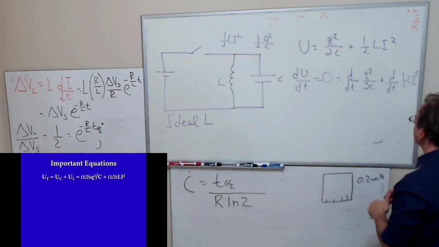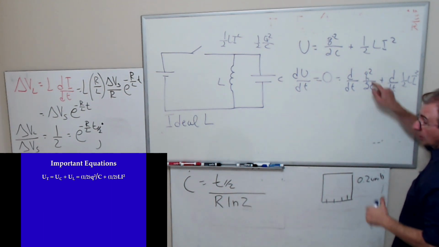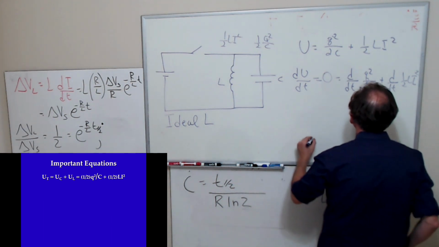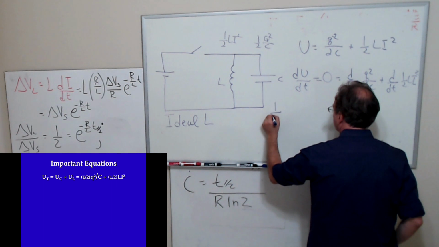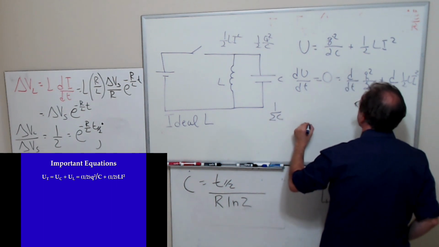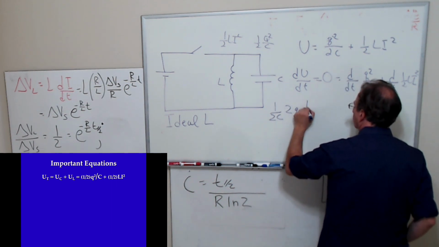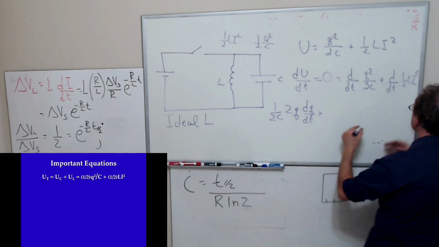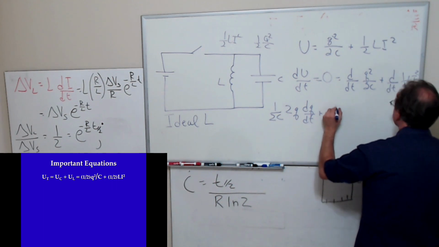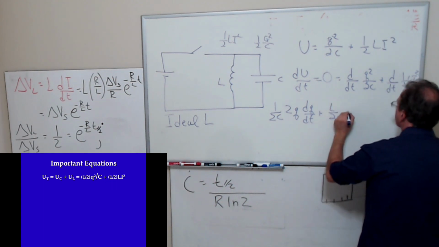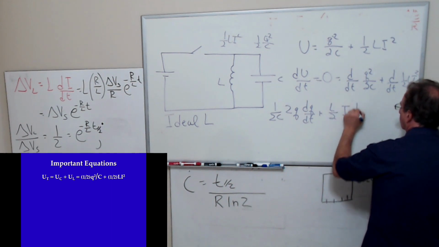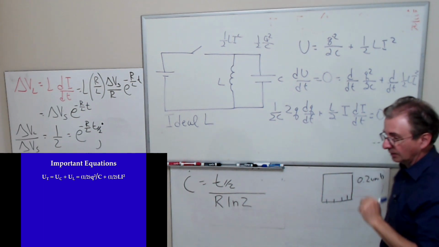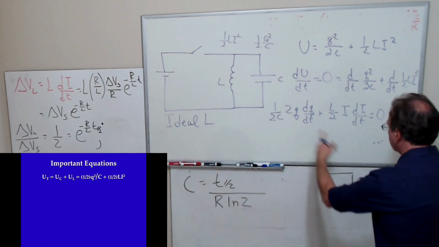Well, let's take a time derivative of this. Because q depends on time, I have to use the chain rule. And I depends on time here, so I got to use the chain rule. Okay. Let me simplify this.